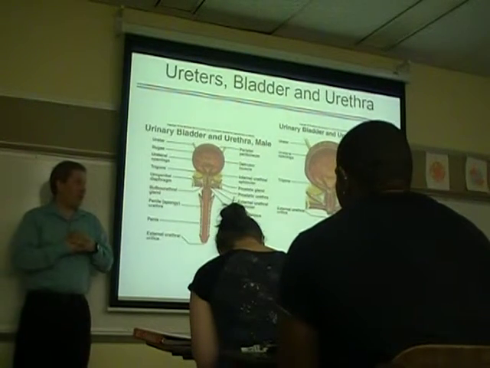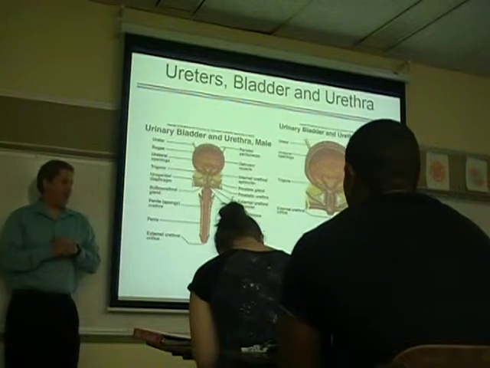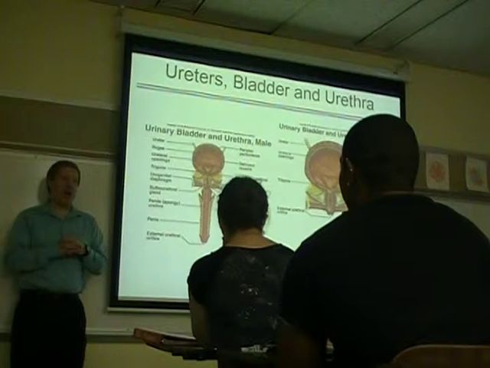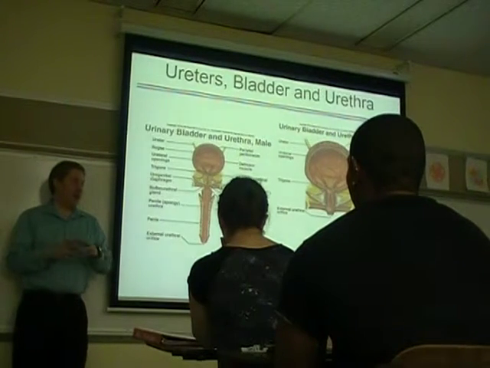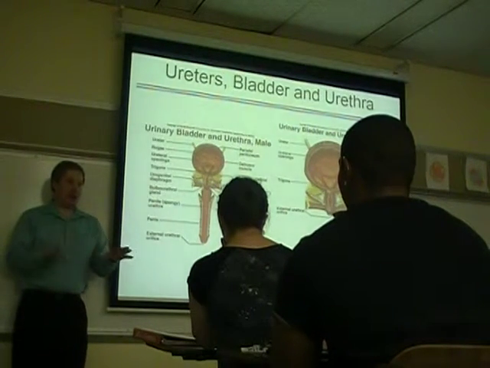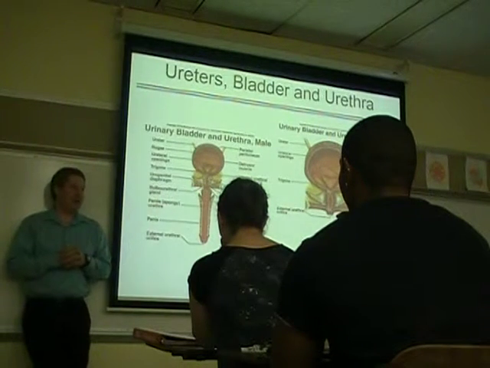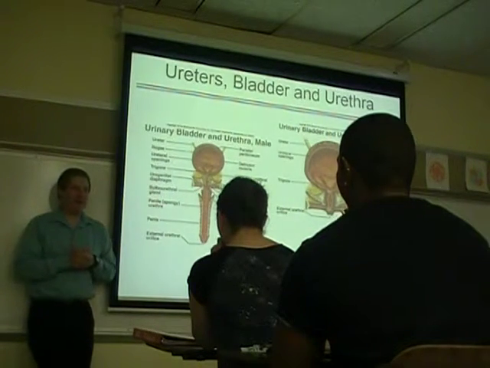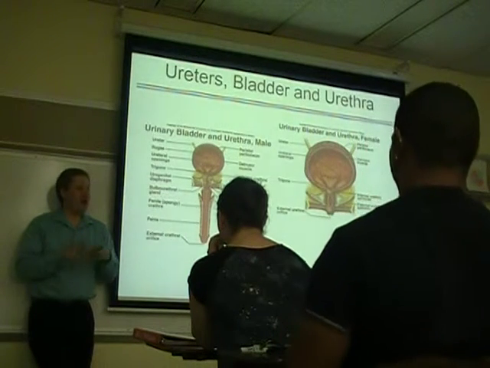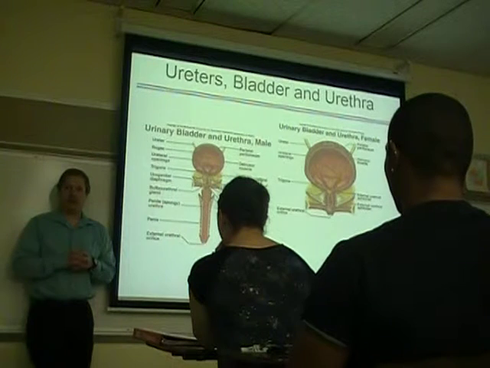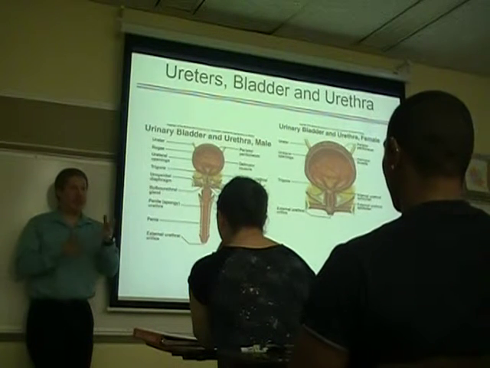What kind of messages will be going up into the spinal cord, into the brain, and then we decide whether we can urinate or not. We have that conscious control, all of us do, I hope. We don't have lost control of our bladder functions. We all have that conscious decision to urinate. So what causes us to want to urinate? That's exactly right.